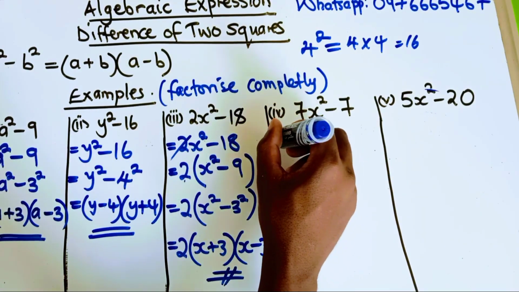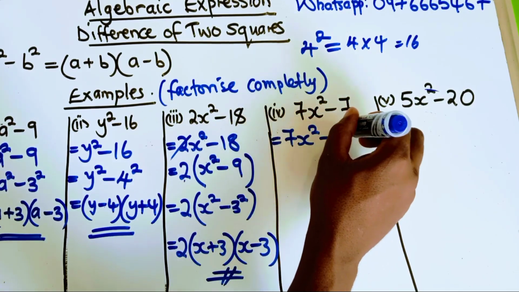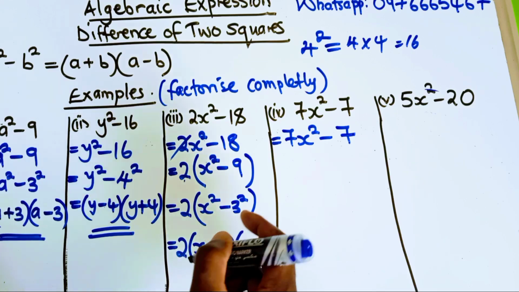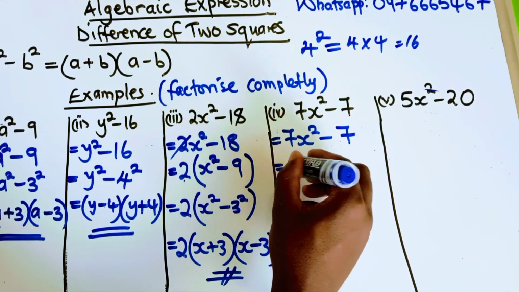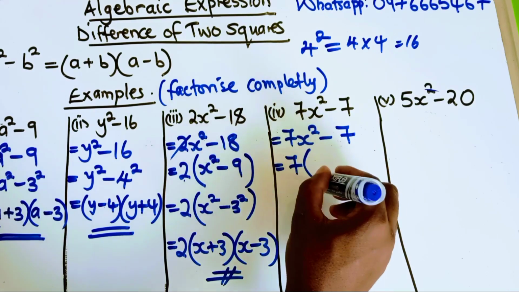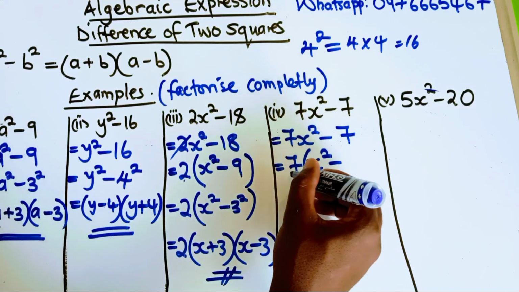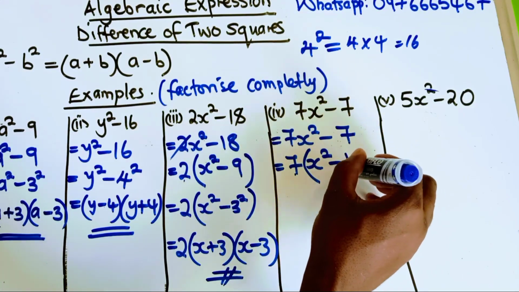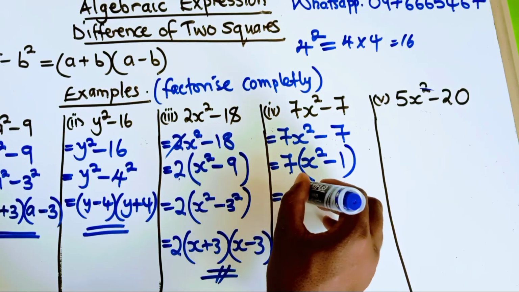Okay? The next one, say 7x squared minus 7. We have something common here, 7 and 7. So we say 7, open brackets. When we cancel 7 there, we remain with x squared minus 7 divided by 7. It's 1. You close the bracket. You are not done yet.